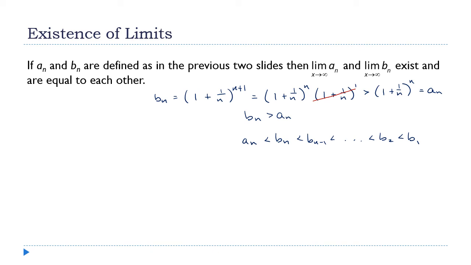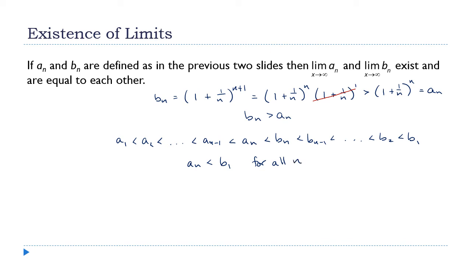And with the a's, it's the other way around: a_{n-1} is less than a_n, is less than a_2, is less than a_1. So what this shows is the a_n's are bounded. a_n is less than b_1 for all n.